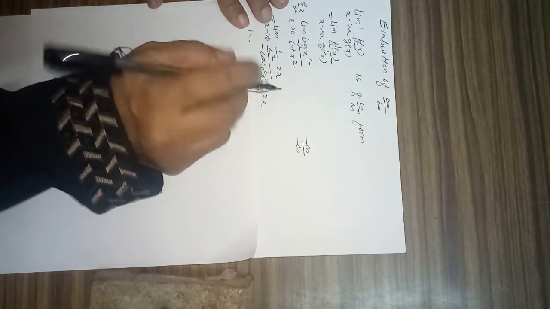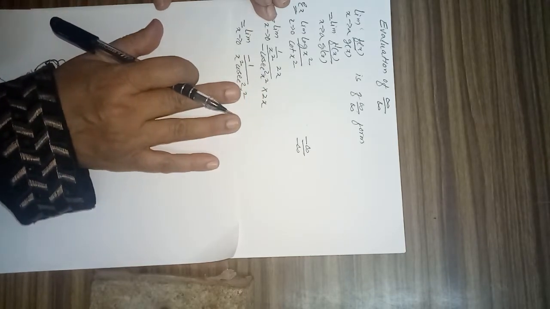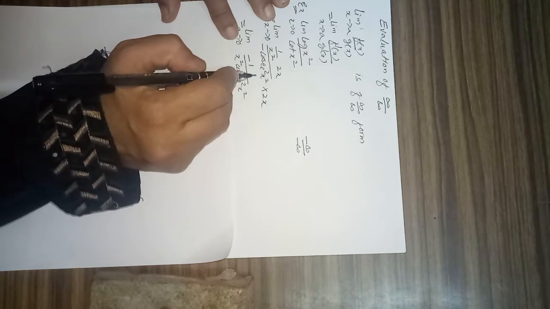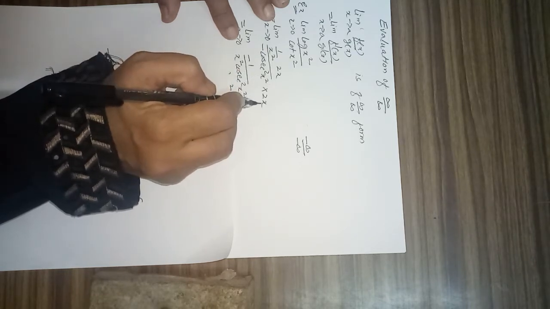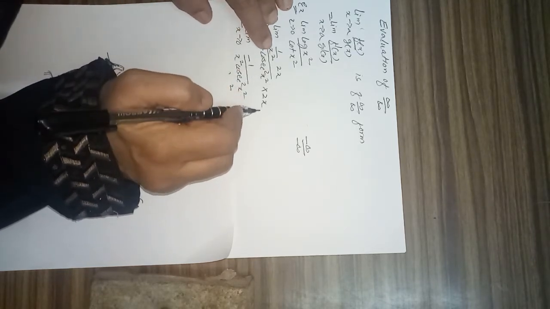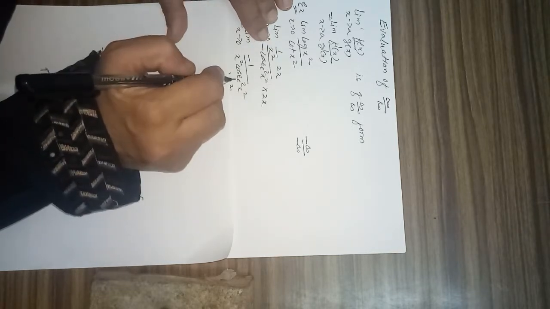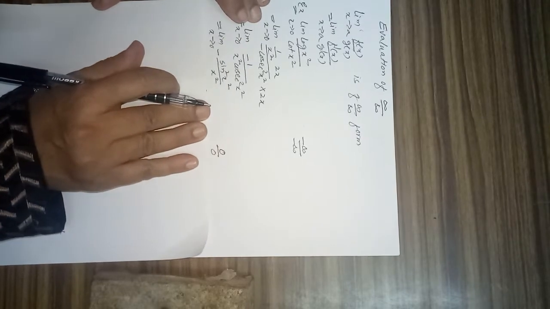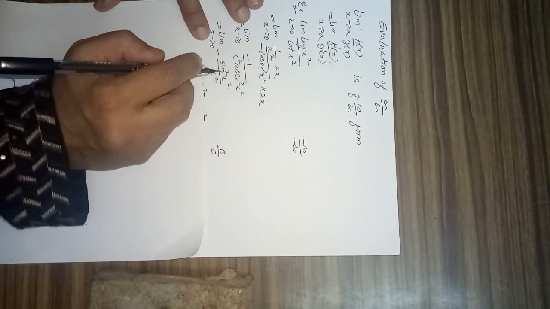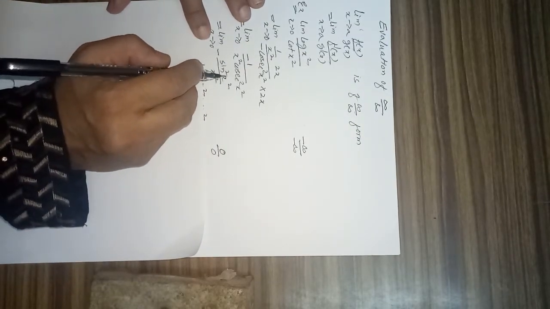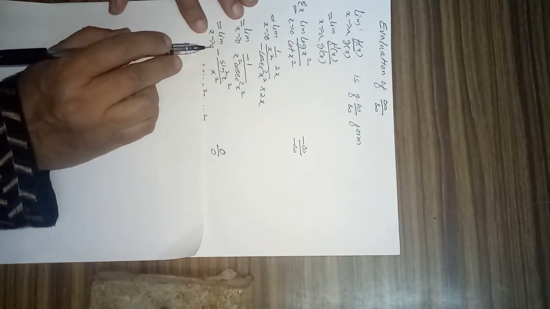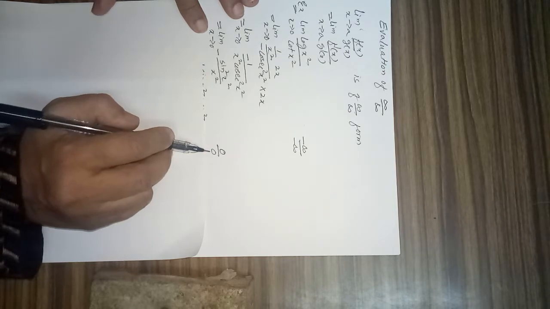So this 2x cancels, it reduces to minus 1 upon x square, this x and 1x cancel here, x square cosec square x square. Hence this is equal to minus sine square x square in the numerator divided by x square. Now if you put x equal to 0, it will be 0 by 0 like.